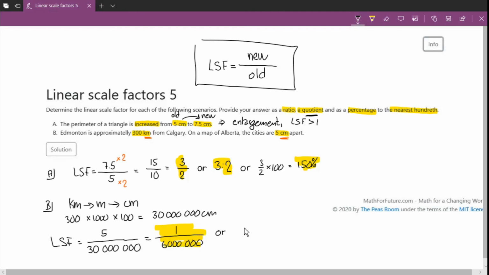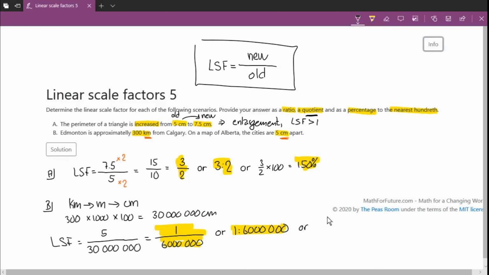As a ratio, it's simply 1 to 6 million, which is the format that is usually used on maps. And then also as a percentage, this is going to be a very small percentage, but it's a very, very large reduction.